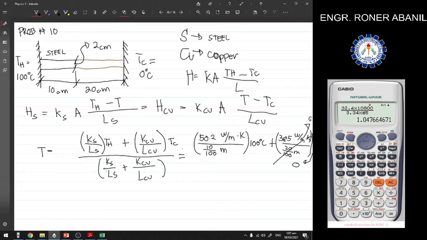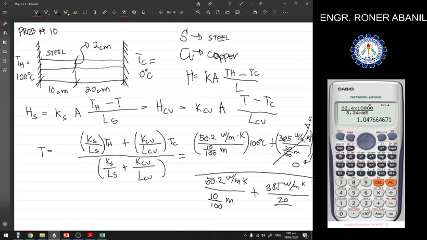Over yung KS natin dito is 50.2 watt per meter Kelvin over LS, plus 385 over LCU.